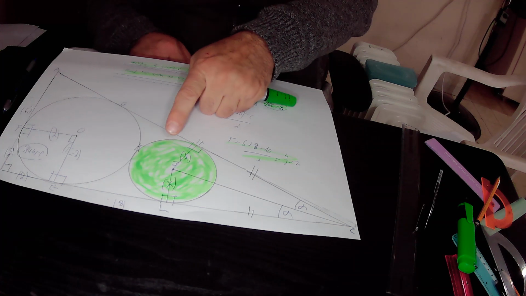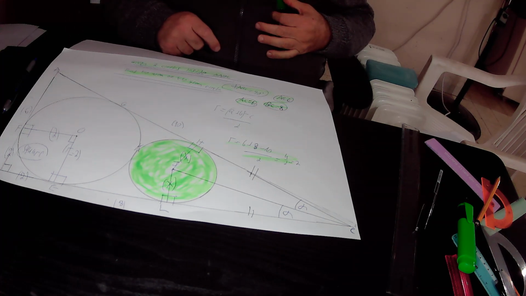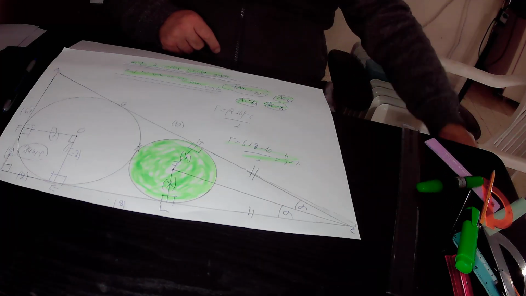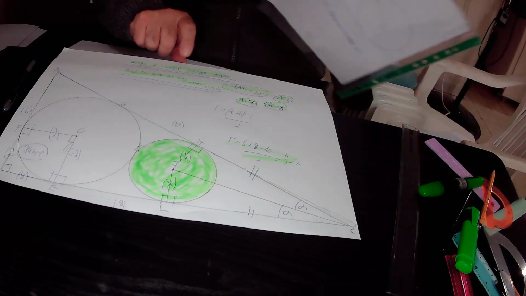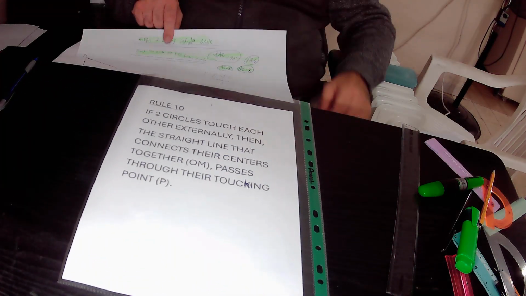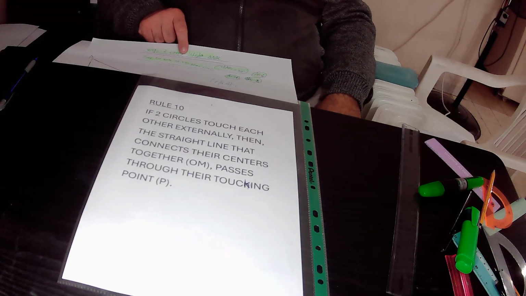That is to say, those two circles touch each other externally at point K. Whenever we have two circles that touch each other externally, we can implement rule 10. So, quickly on rule 10. According to rule 10, if two circles touch each other externally, then the straight line that connects their centers together passes through their touching point.